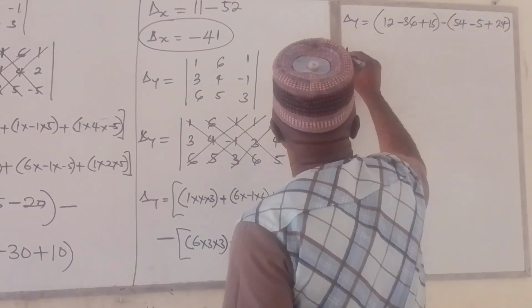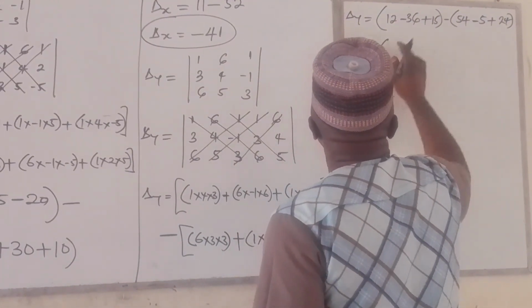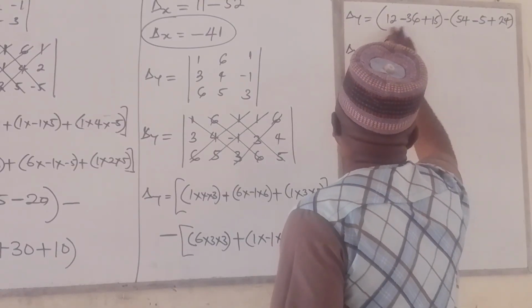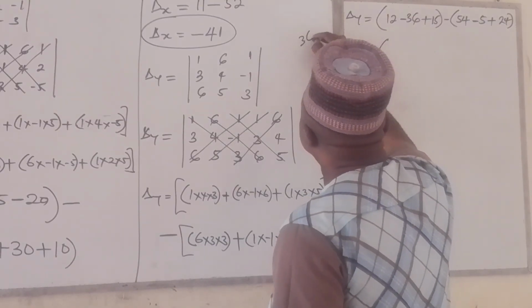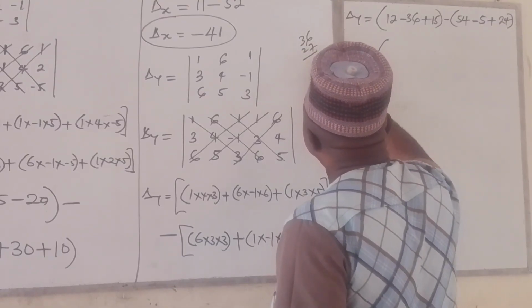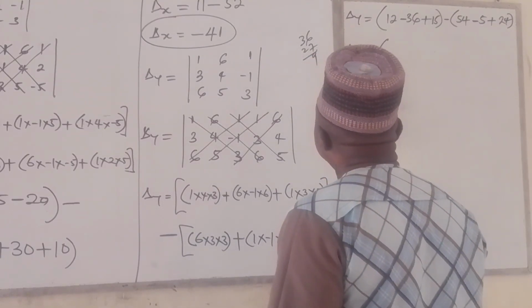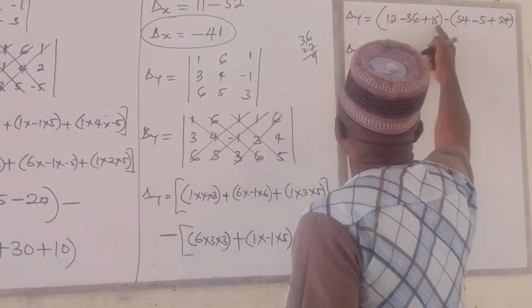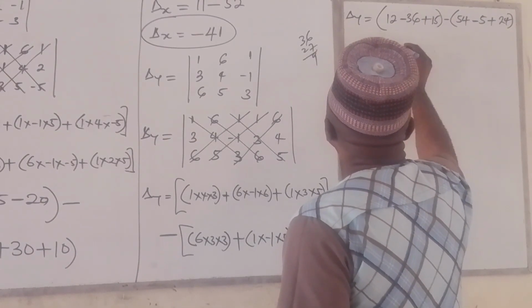So the determinant of y will be equal to: 12 plus 15 is 27, then 27 minus 36 is minus 9.